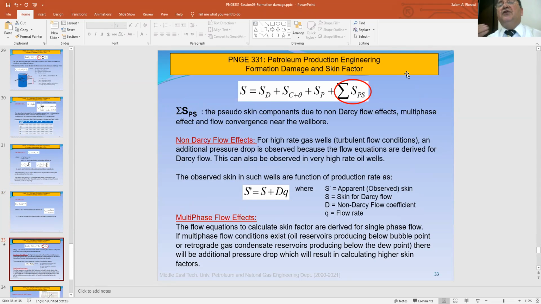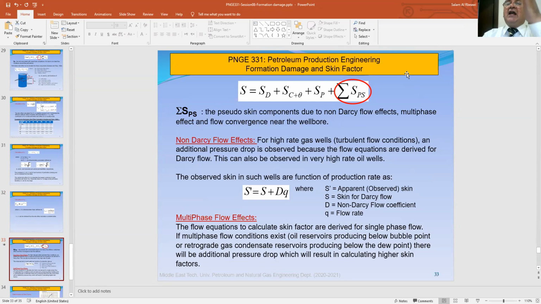This is the pseudo skin components. This one gives you the skin factor caused by the non-Darcy flow, multiphase flow, the convergence where? Near the wellbore. This is called the choke effect.